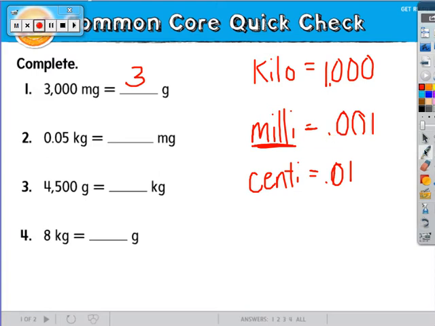So we start off with how many zeros here? 3. And then how many more? 4, 5. So what we need to do is move this 5 times. 1, 2, 3, 4, 5. So how many zeros do I need to add?